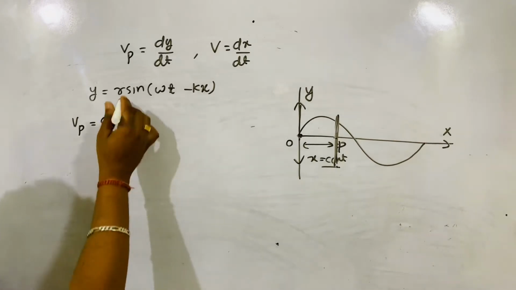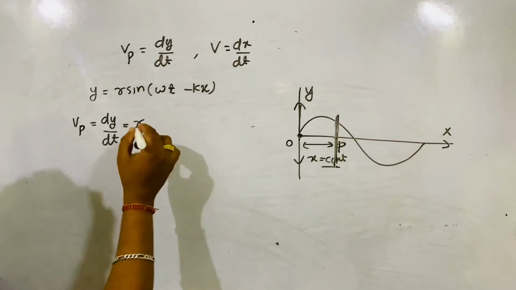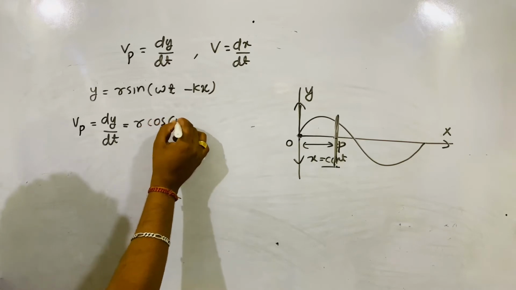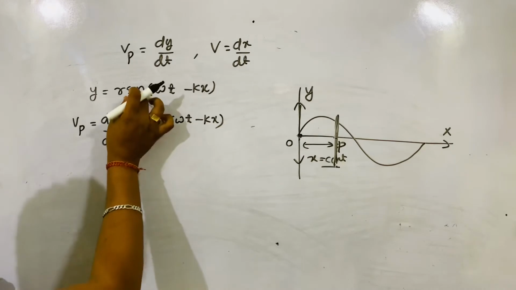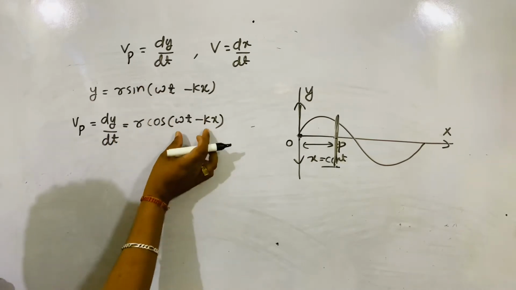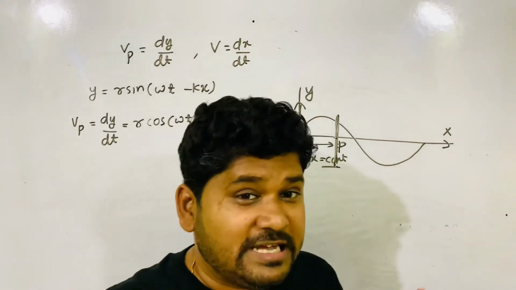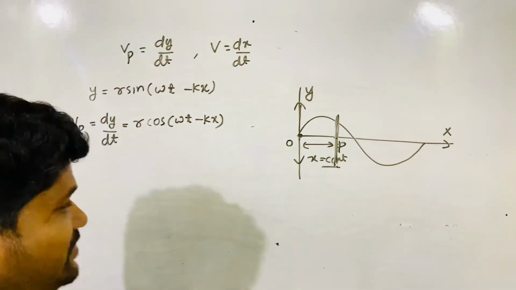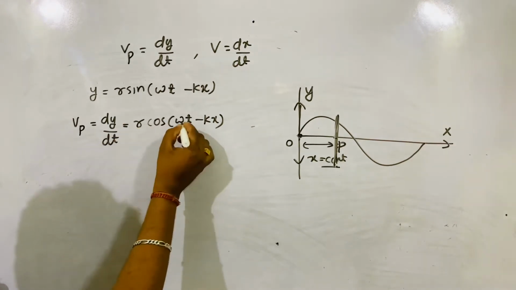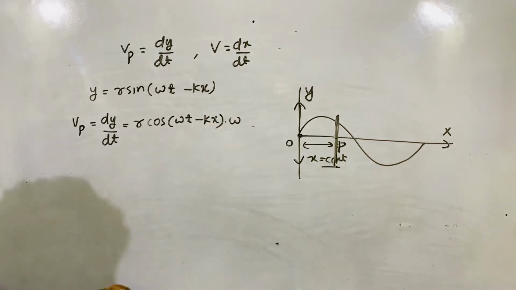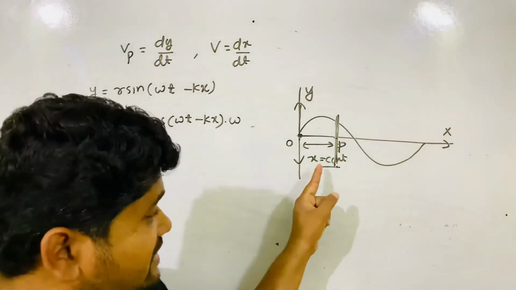So dy by dt. Let's do the differentiation of r sine of omega t minus kx. The differentiation of sine is cos, so cos of omega t minus kx. Then by the chain rule, I have to differentiate inside the bracket. Differentiation of omega t gives omega, and differentiation of kx will be 0, because x is constant.